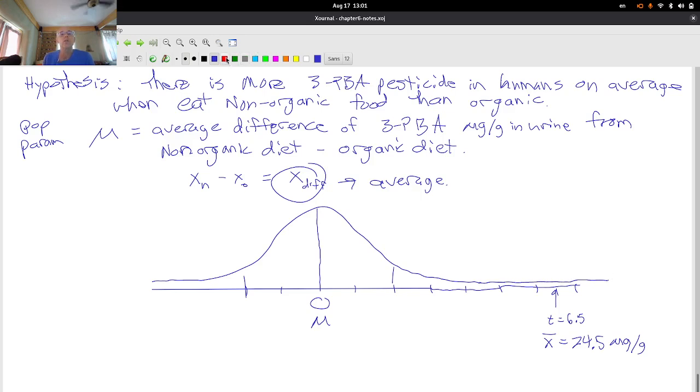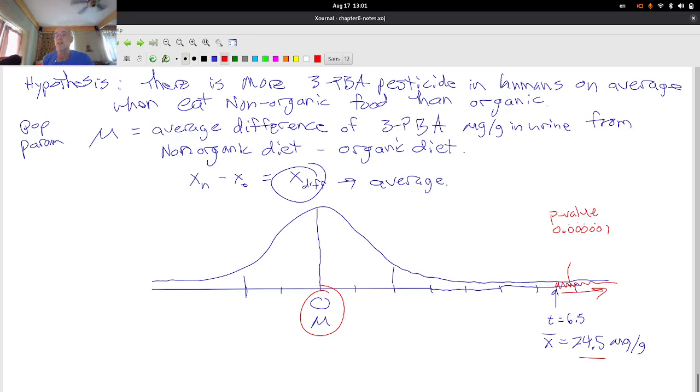The p-value is the amount of other samples that could live out there, and my spreadsheet says my p-value is wicked small, 0.000001. So the probability that I'm going to find another sample that has an average difference of 24.5 or more, out this way, when I was expecting there to be no difference between eating organic or not in the amount of pesticide in their urine, the probability is wicked small.